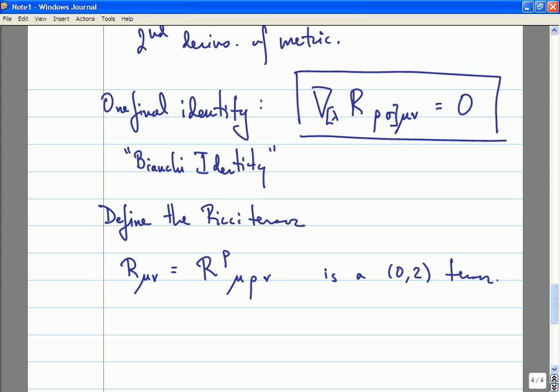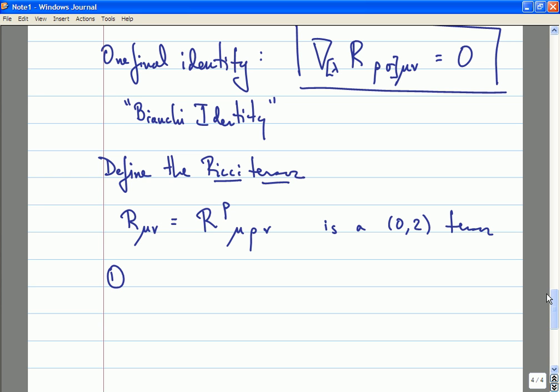And what properties does it have? Well, the first property that you can immediately see is that because the Riemann tensor with lower indices is symmetric under the permutation of the first pair of indices and the second pair of indices, the Ricci tensor will be symmetric when I interchange mu and nu. If you stare at this equation, hopefully that will be clear. So the Ricci tensor is a symmetric 0, 2 tensor.